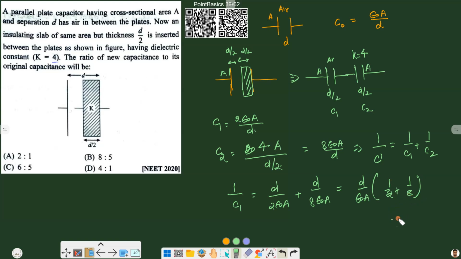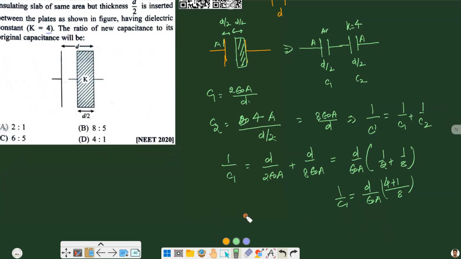Using LCM, it will be 8, so 4 plus 1 over 8, times D by epsilon node A, is equal to 1 by C dash. Reversing it, we get C dash is equal to 8 by 5 epsilon node A by D.